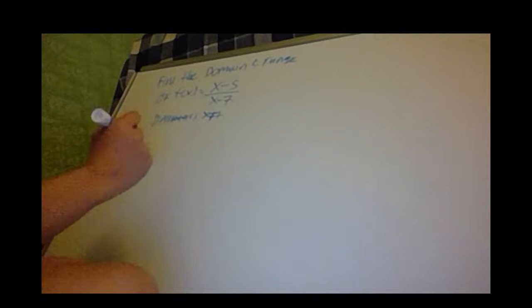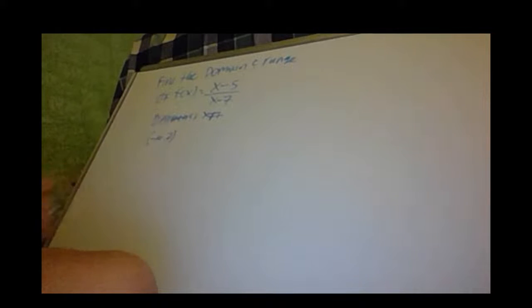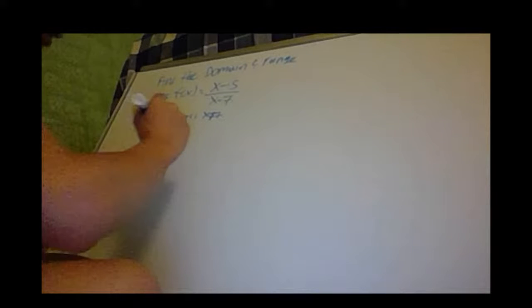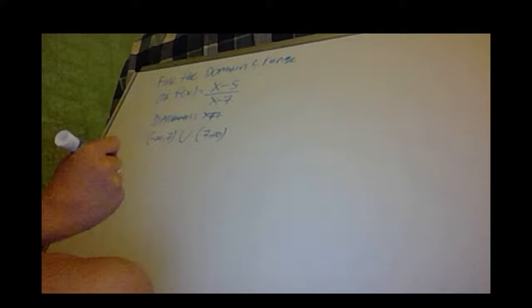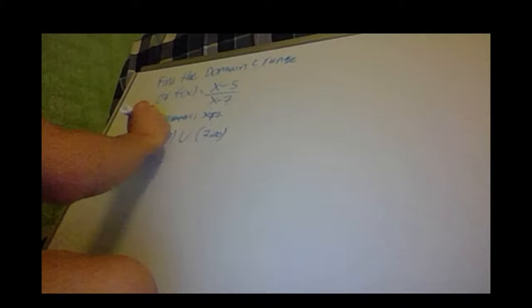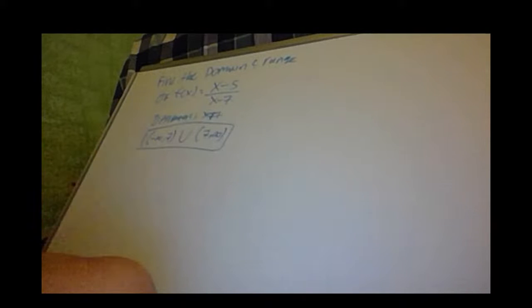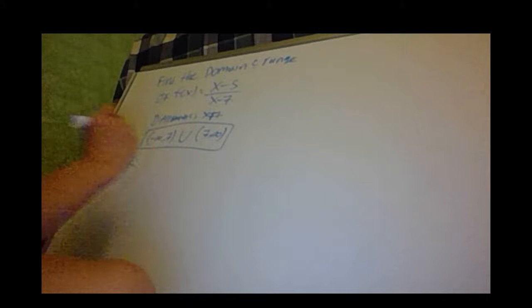So in interval notation, we're going to have from negative infinity to 7, with parentheses on both sides because we're not including 7 in the interval, union 7 to infinity. This would be the domain, right?